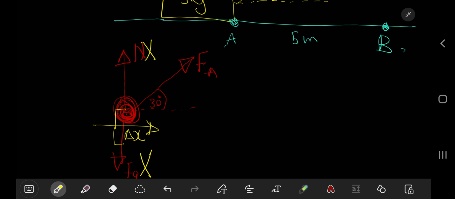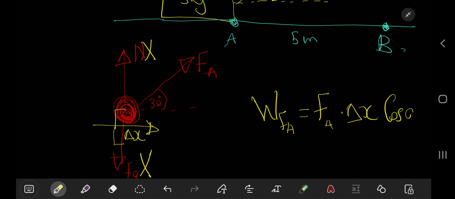So you can simply calculate the work done by that applied force, which will be the force multiplied by your displacement multiplied by cos theta.